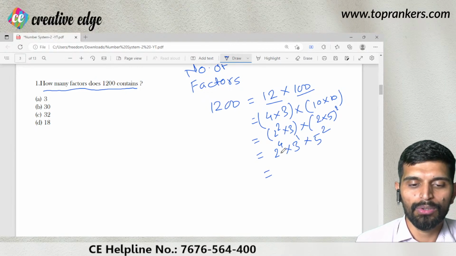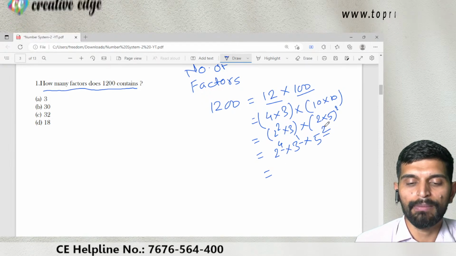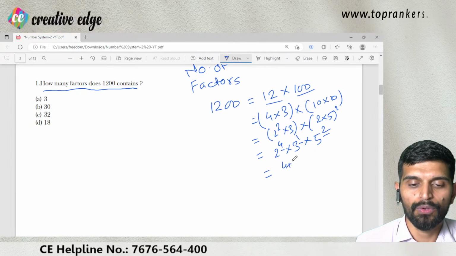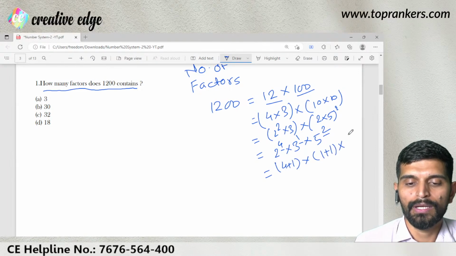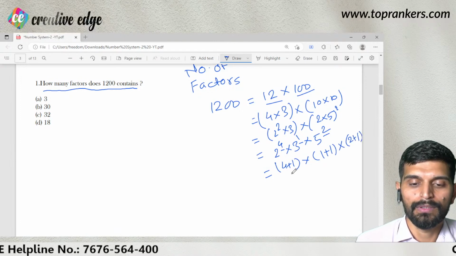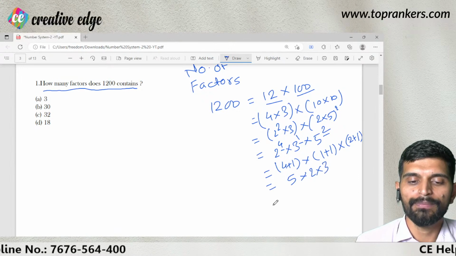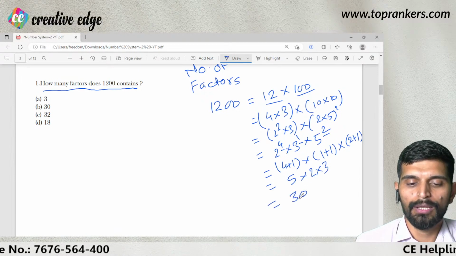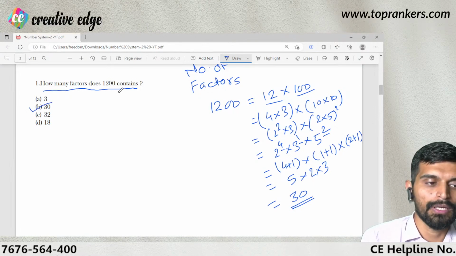To determine the total number of factors, we add 1 to each of the prime numbers' powers. So that is (4 plus 1) into (1 plus 1) into (2 plus 1), which gives us 5 into 2 into 3. So the total number of factors of 1200 will be 30.